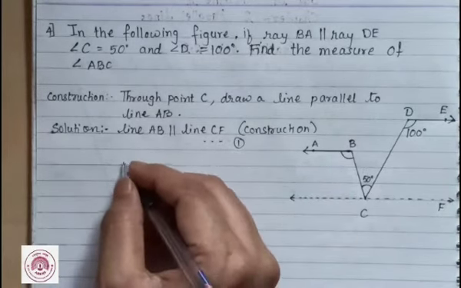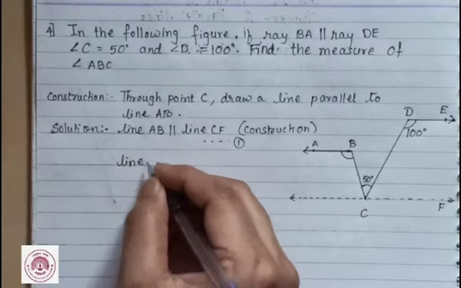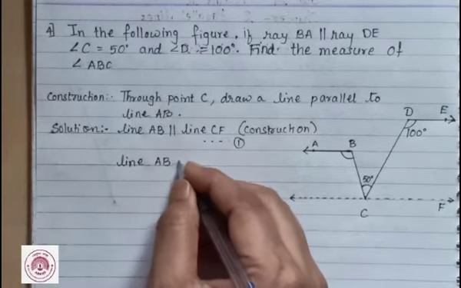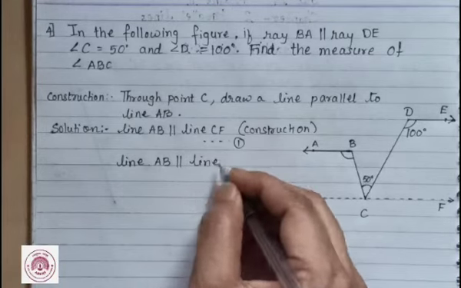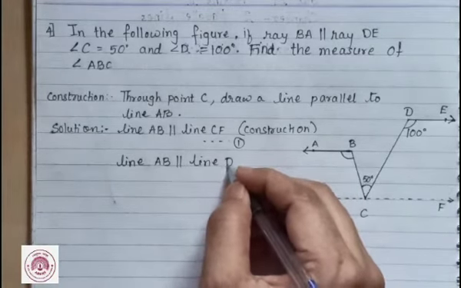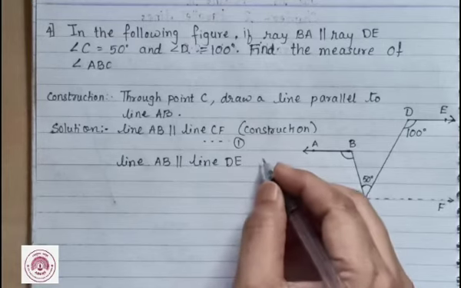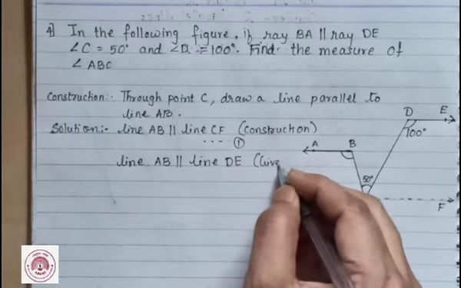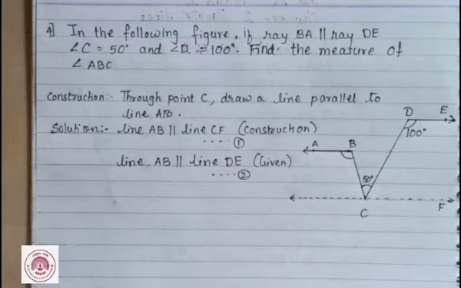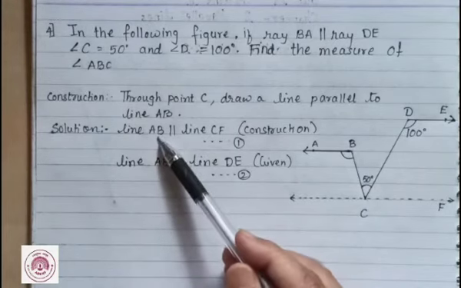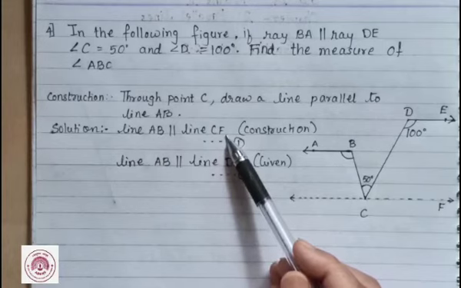Now line AB is parallel to line DE. This is given. Reason is given. Let this be equation number 2. Now here you can see line AB is parallel to line CF.